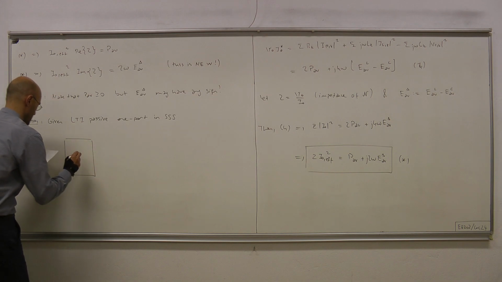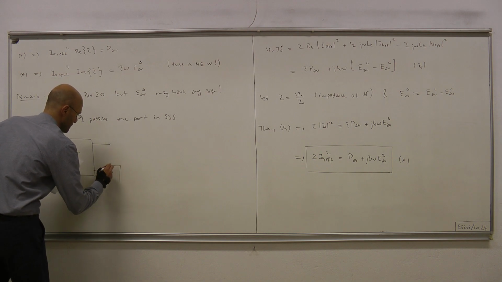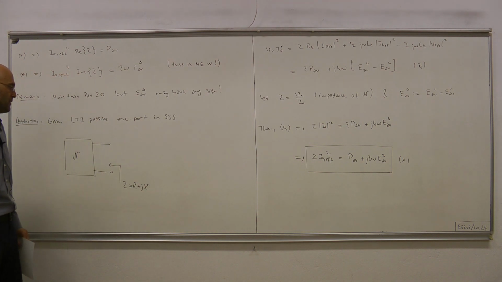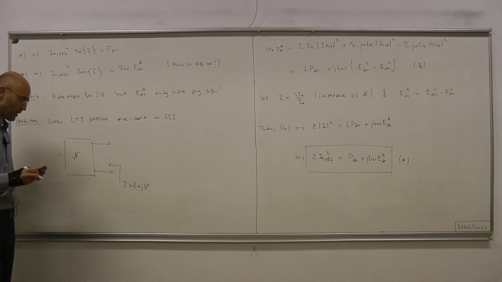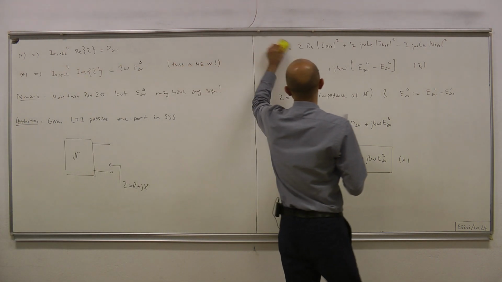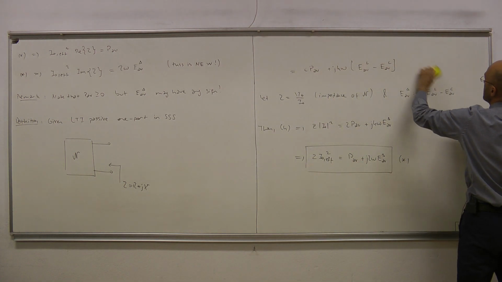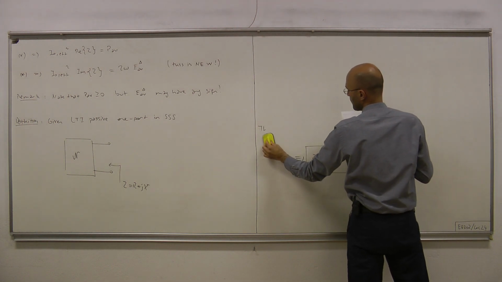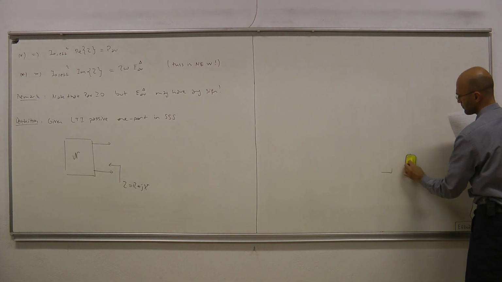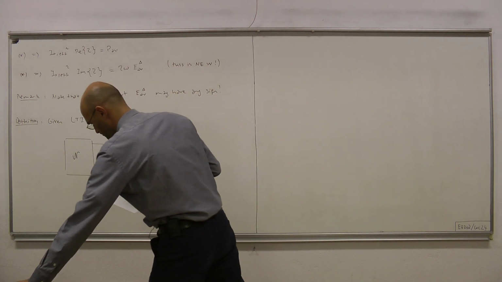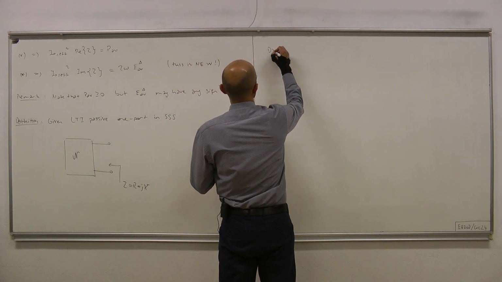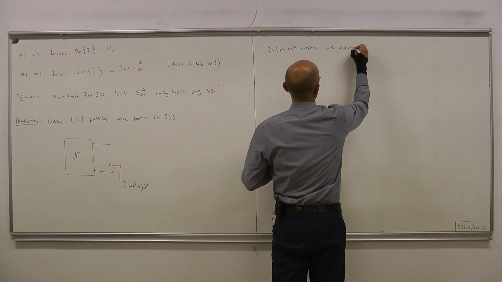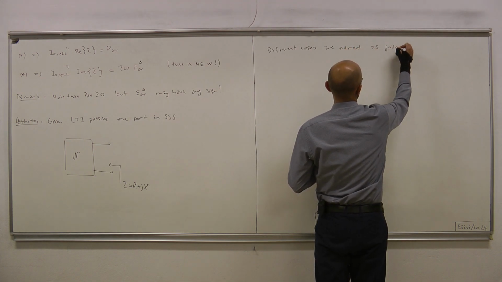This is the impedance seen from the input terminals, with real part R and the imaginary part denoted by X. Now, different cases are named as given below.